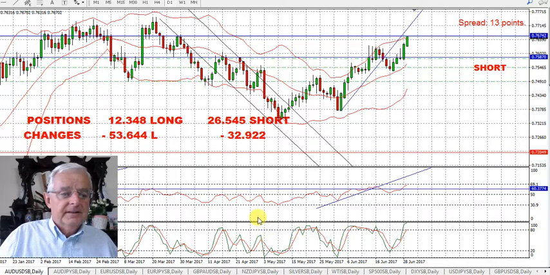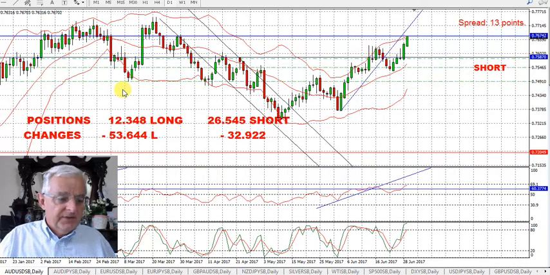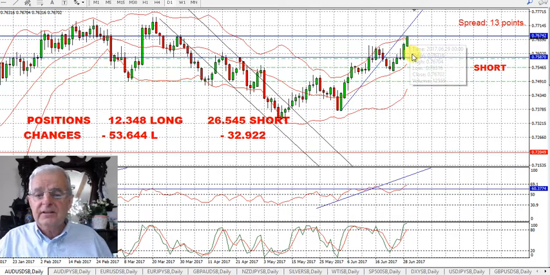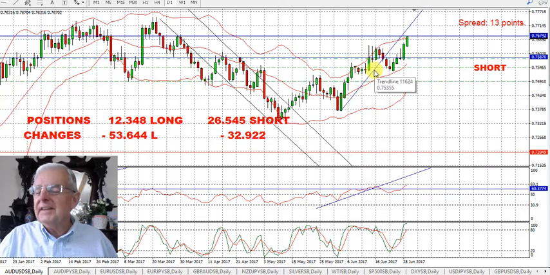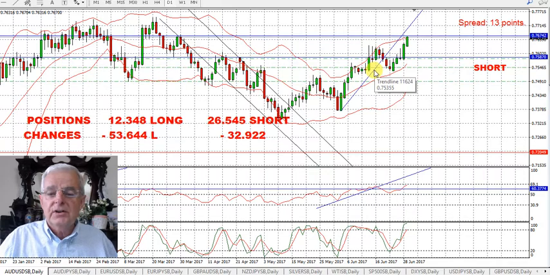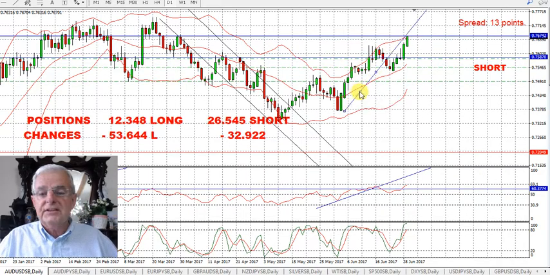Smashing. Right, we start off as ever with the AUD USD. We've had another nice green candle on this morning. I think that's basically due to dollar weakness rather than the Aussie strength. So I'm going to move this trend line across.